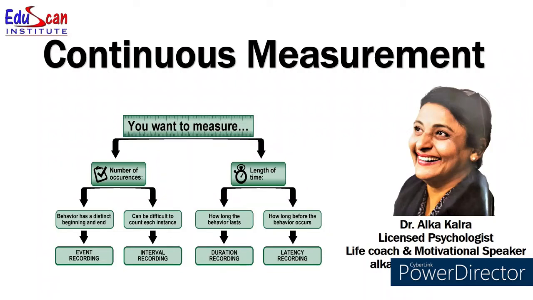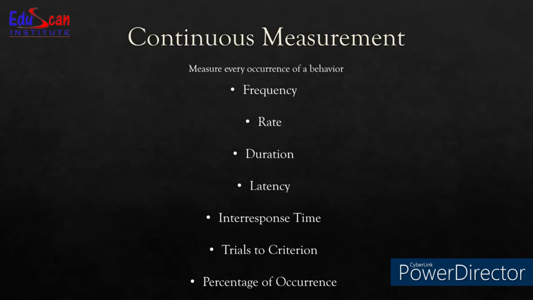In our series of developing material for the registered behavior technician license, continuous measurement is a very important topic. Continuous measurement is measuring every occurrence of behavior. How do we measure? What are our tools?